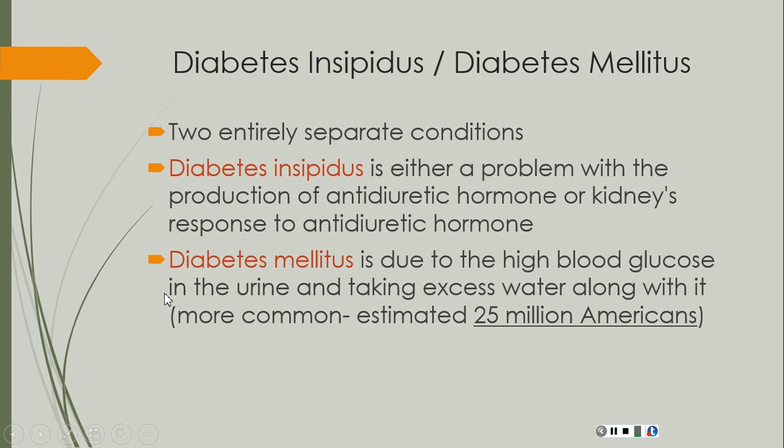The one that is the most common is the diabetes mellitus, or diabetes for short. It's due to the high blood glucose in the urine and taking excess water along with it. And we'll talk about how that happens. This one is most common. It's actually estimated that 25 million Americans have to deal with this condition.